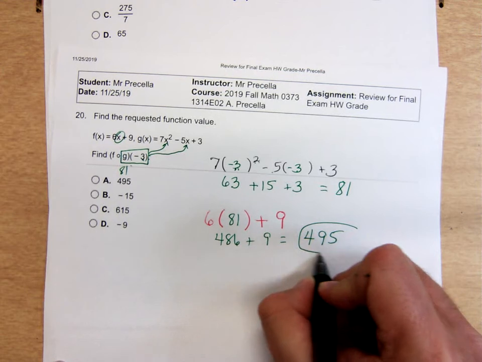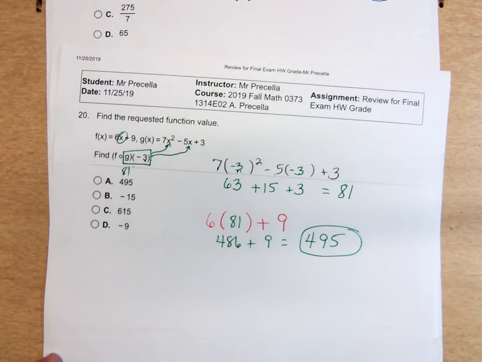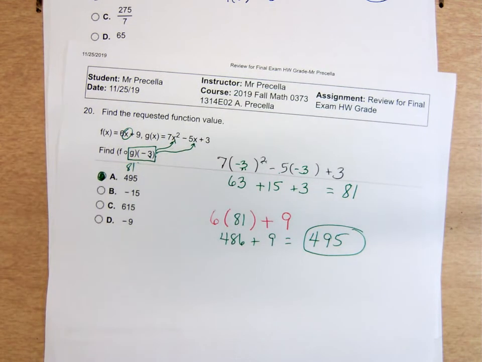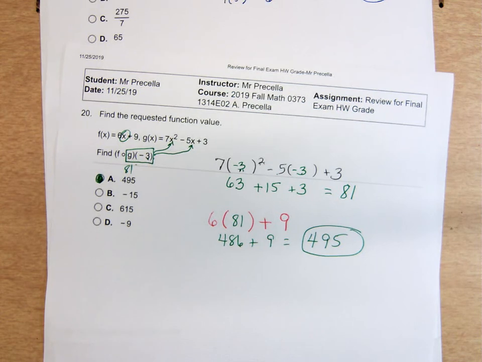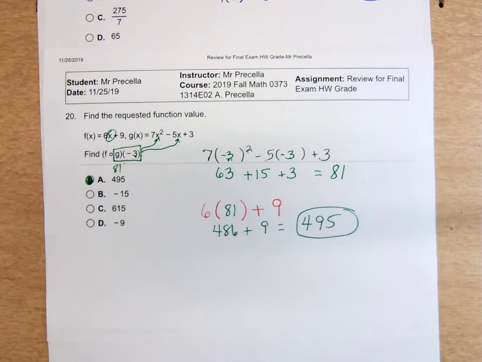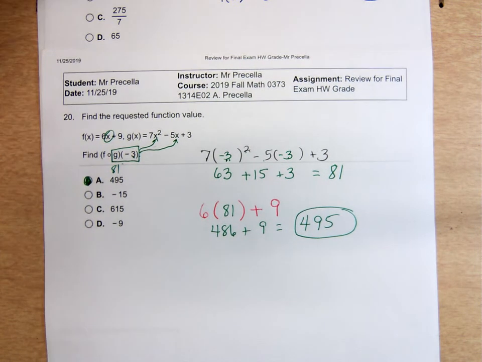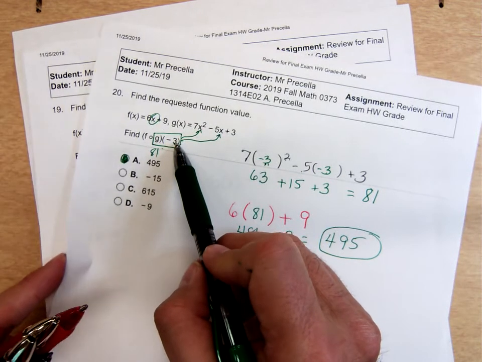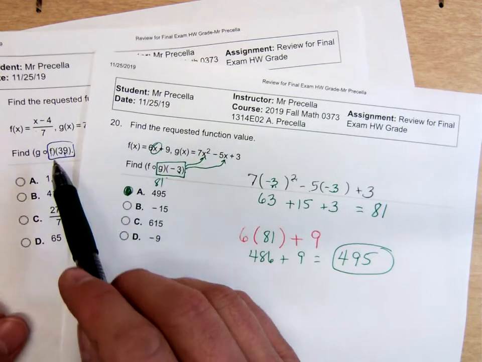So, answer A. Any questions there? So, that's what you do if you have numbers in the parentheses with the f∘g and g∘f.